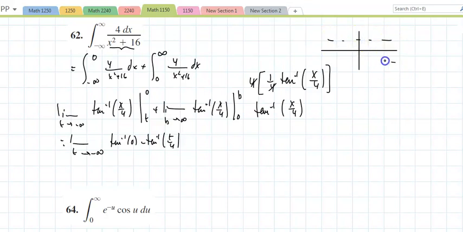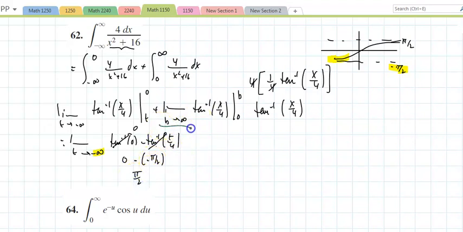Inverse tangent is a graph that maxes at pi over 2 and minimizes at negative pi over 2. So this is 0. This will approach negative pi over 2 because you're approaching negative infinity. So this gives me pi over 2.